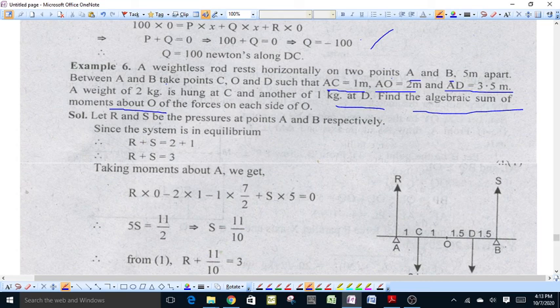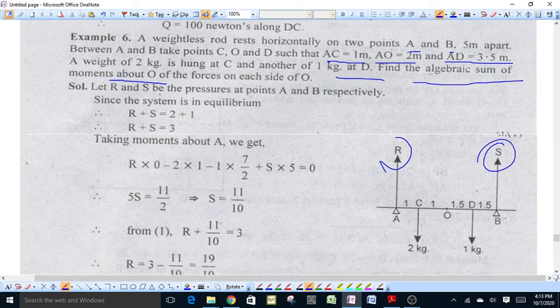Suppose reaction at A is equal to R and that at B is equal to S. The two forces, 2 kg hung at point C and 1 kg at point D, these two weights act vertically downward.